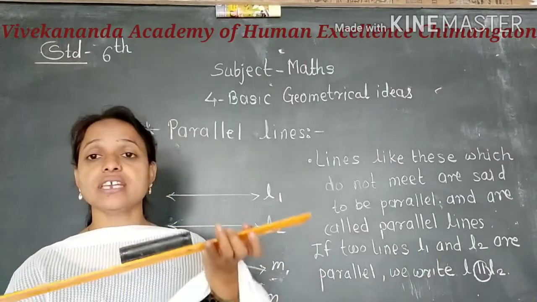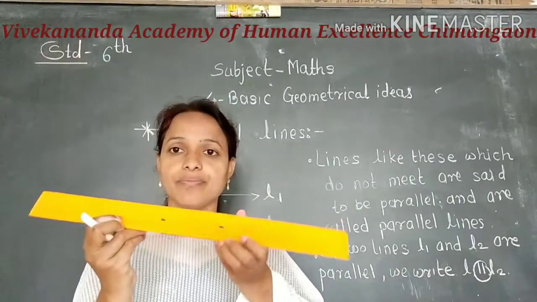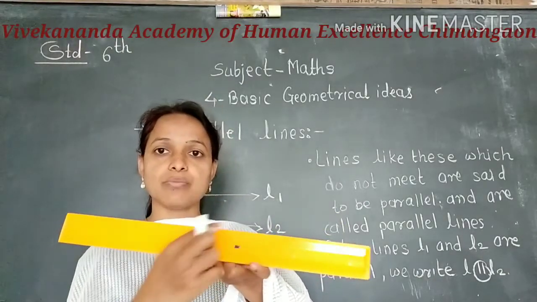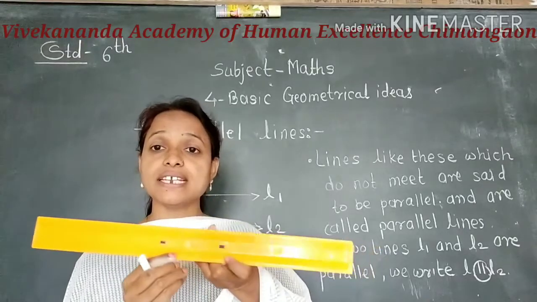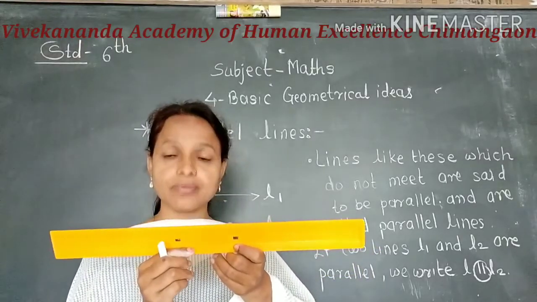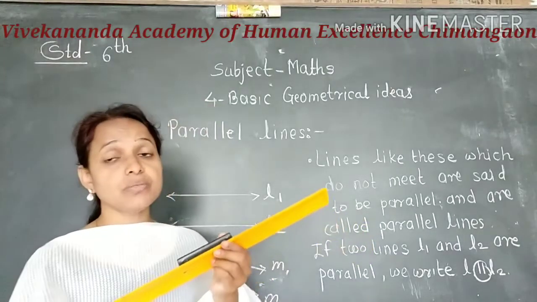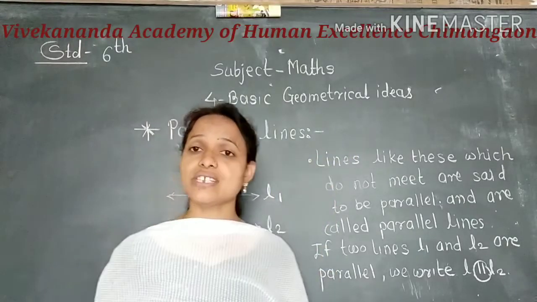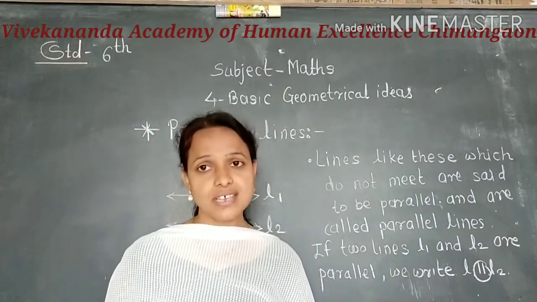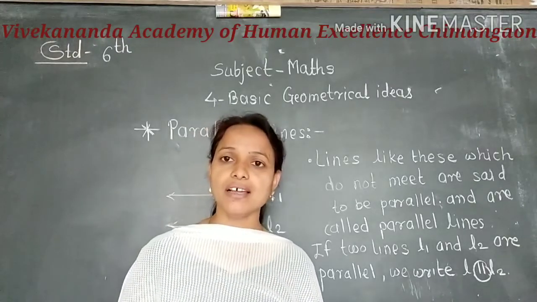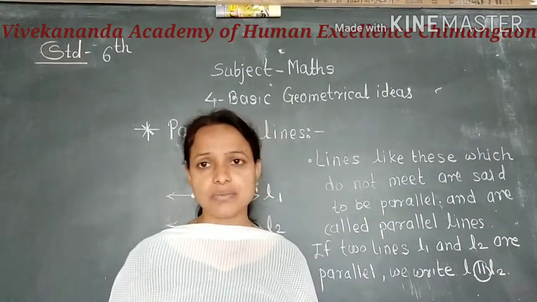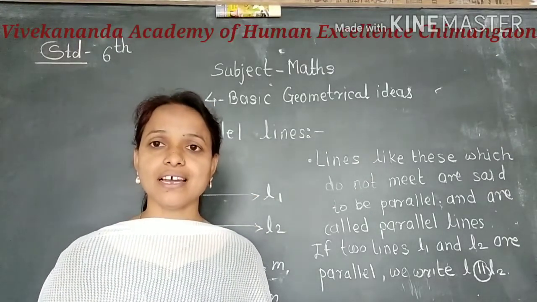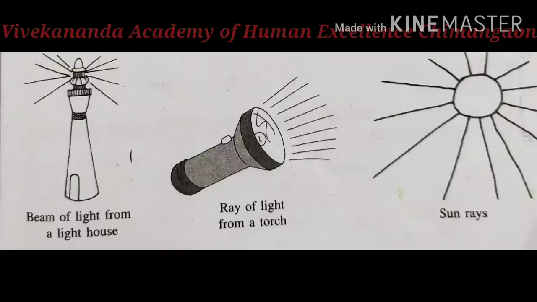As well as, if you see this scale, the opposite edges of this ruler are also parallel to each other. As well as opposite edges of the blackboard, opposite edges of your notebook, opposite edges of your window. So these are examples of parallel lines. In this way you observe so many examples of parallel lines daily in your surroundings.